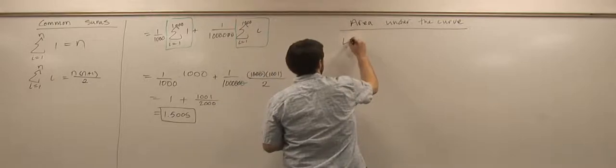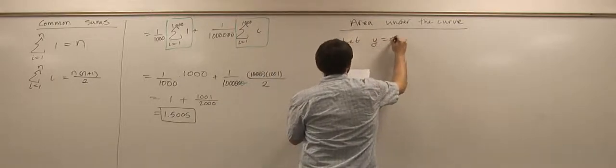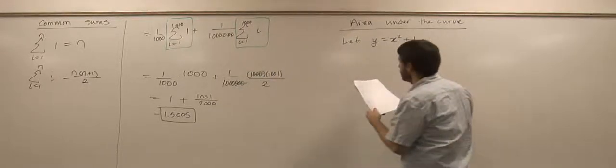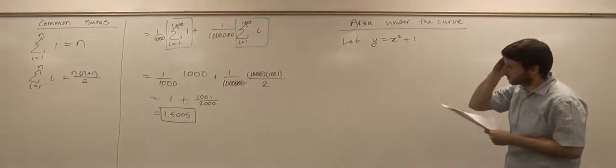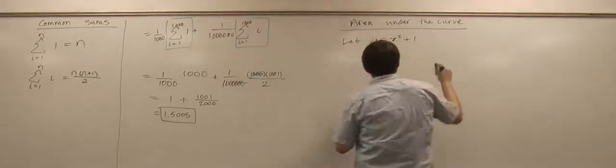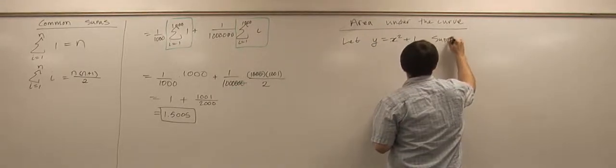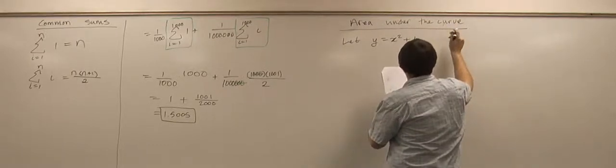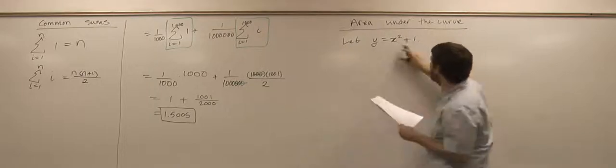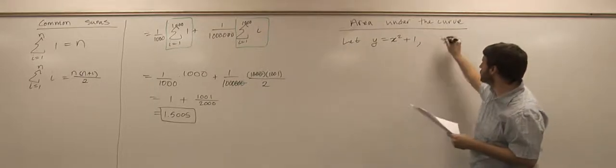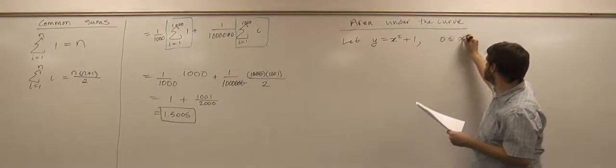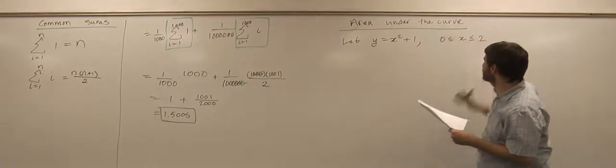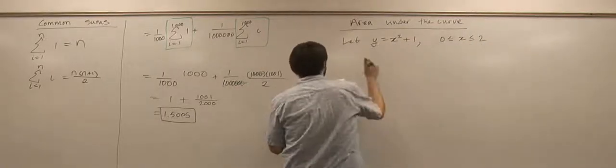Let y equal x squared plus 1. So I'm giving you a curve. Suppose y equals x squared plus 1, and I'll give you a domain: 0 is less than or equal to x is less than or equal to 2.